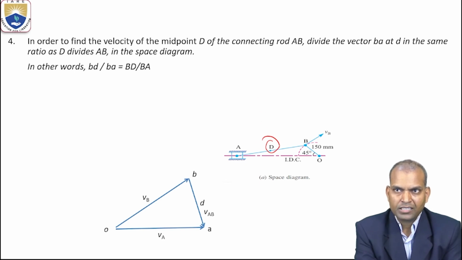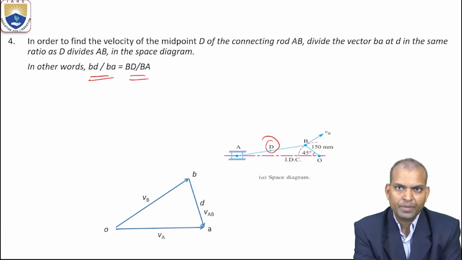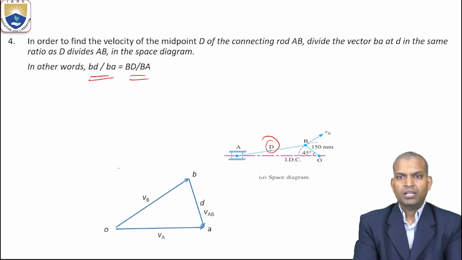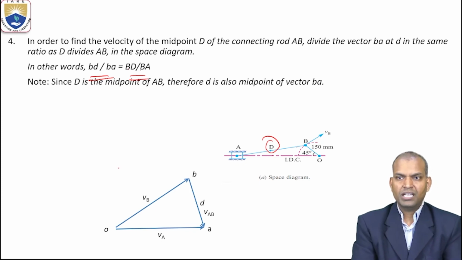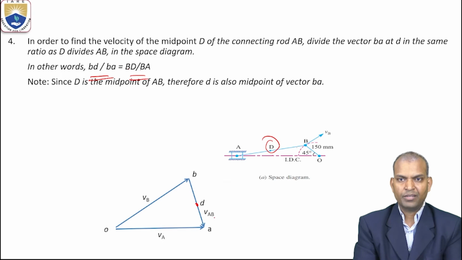Now divide the vector BA at D in the same ratio in which D divides the capital link AB of the space diagram. So BD by BA, the vector ratio, equals the configuration diagram length ratio, capital BD by capital BA. D is the midpoint of AB, so this D is the midpoint of vector AB also.